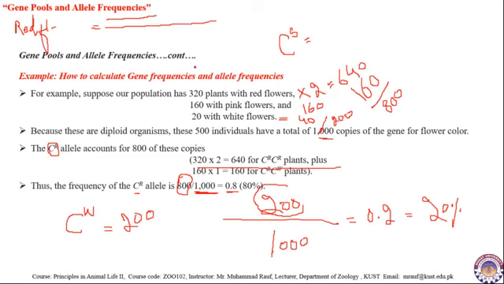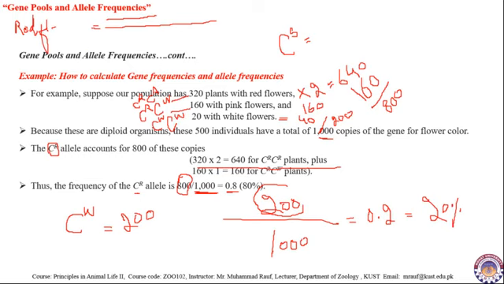So here these three genotypes are present in that population: CR CR, CR CW, and CW CW.